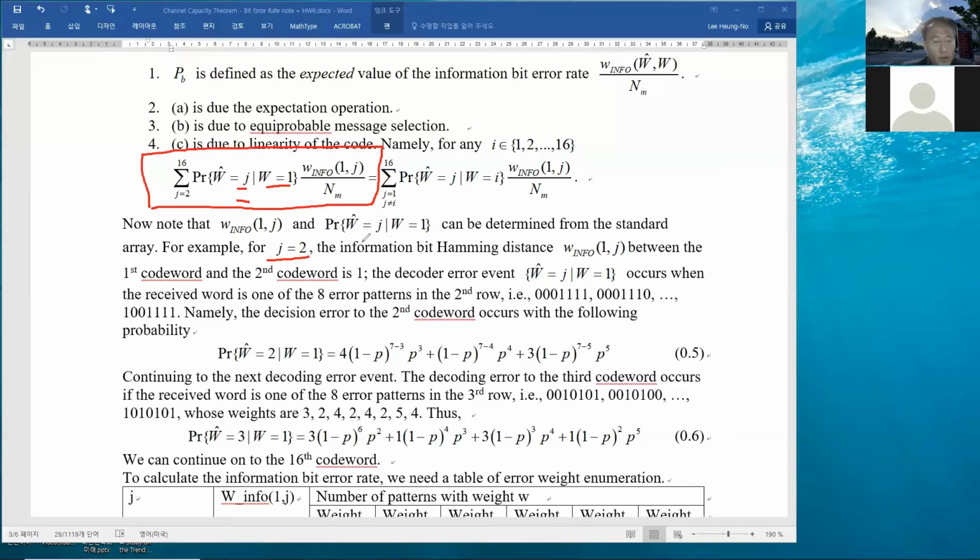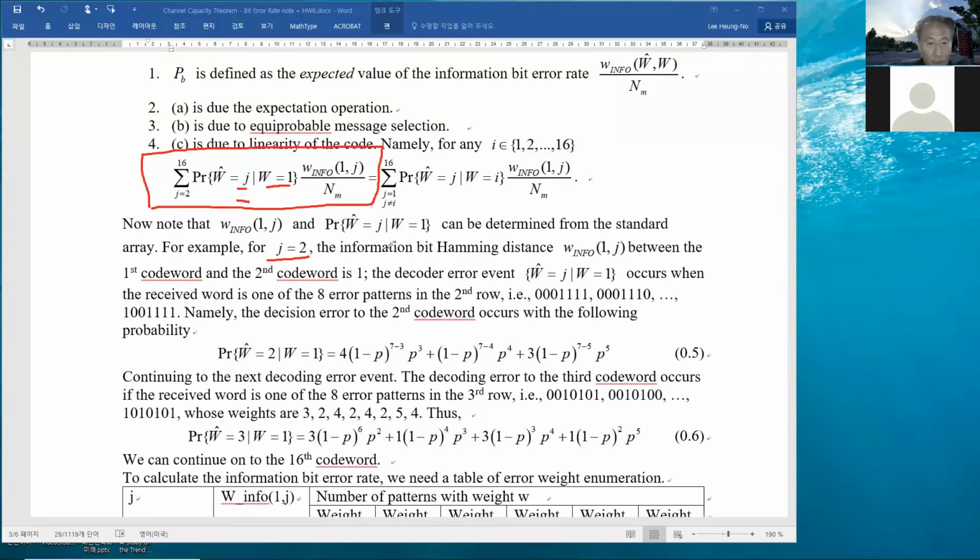When the received word R is one of the elements of the second row, that is the case where we will make a decision in favor of the second code word.